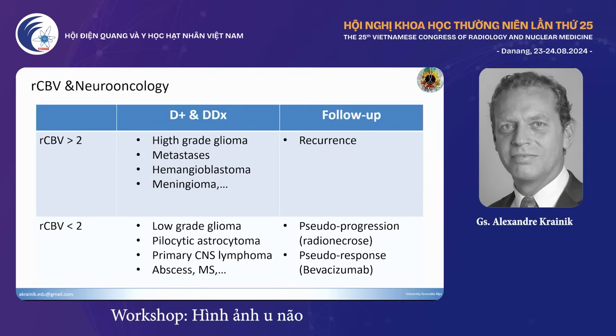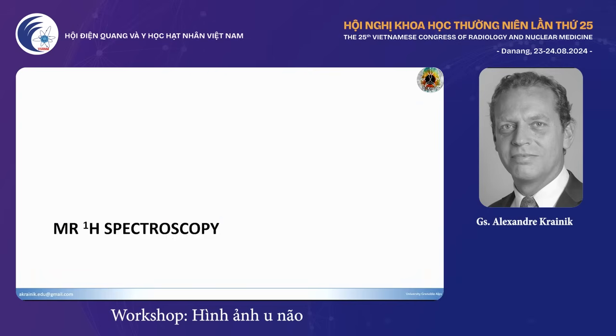And when it's below, you have numerous conditions, especially low-grade glioma, but usually there are very few enhancements, polycystic astrocytoma, lymphoma, and all the other non-tumoral lesions, such as MS and so on.